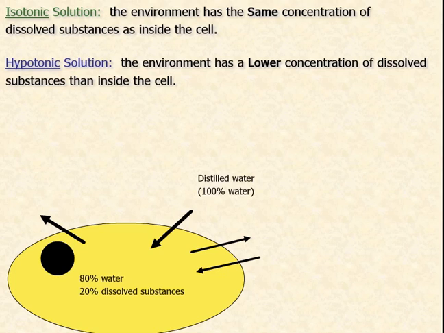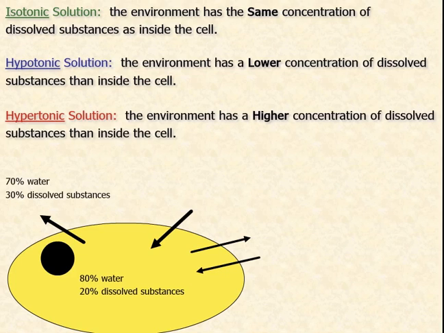Water rushes into the cell. It's going from an area of high concentration to an area of low concentration. So 100% water is more concentrated than 80% water inside the cell. So water starts to rush into a cell if it's been placed in a hypotonic solution, and that causes the cell to swell.